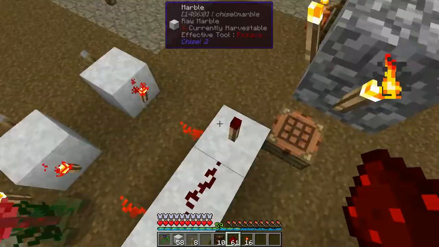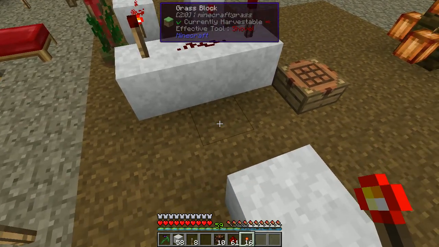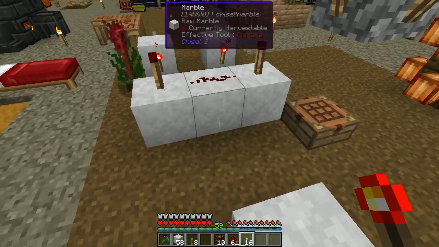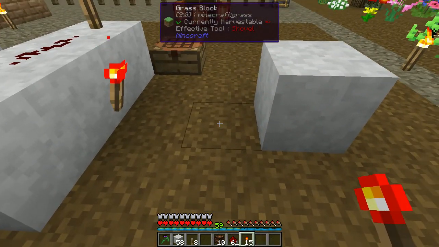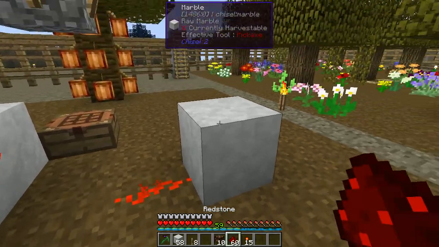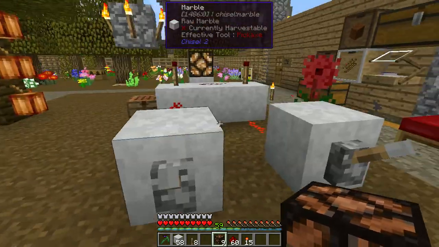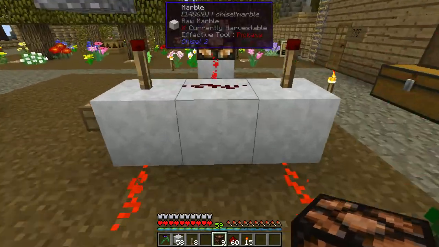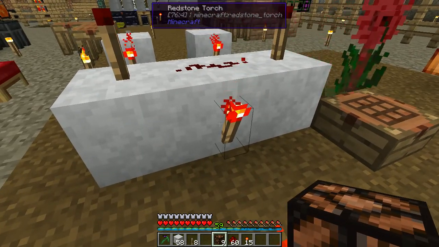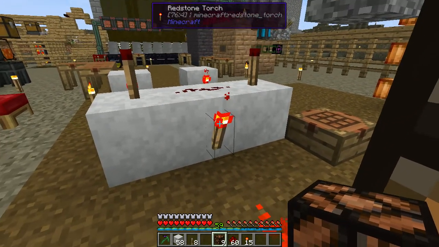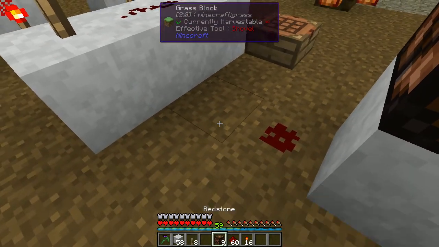So what makes an AND gate is we have, let me just think real quick. Yeah, we do need one more torch right here. And did I turn those off? So actually, I think this is an inverted AND. I don't want that one yet. Or wait, yeah, we want it like this.